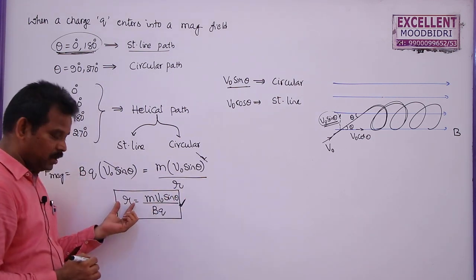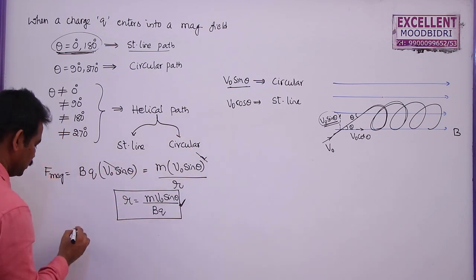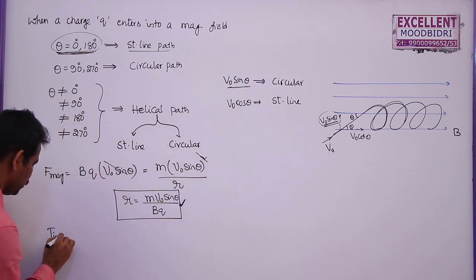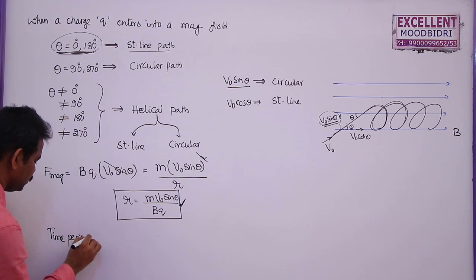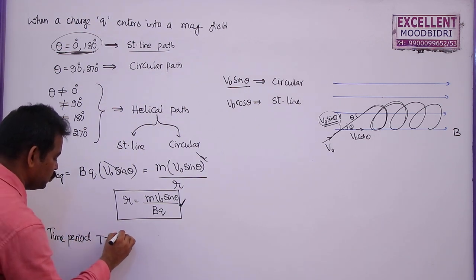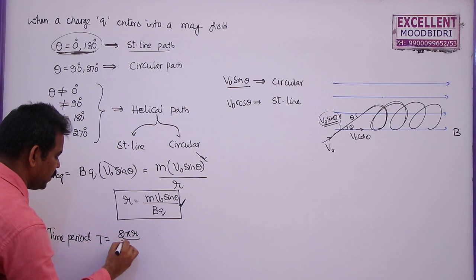Now, if you know the radius, we can find out the time period. The time period to complete one revolution in this helical path is given by 2 pi r by v naught sin theta.